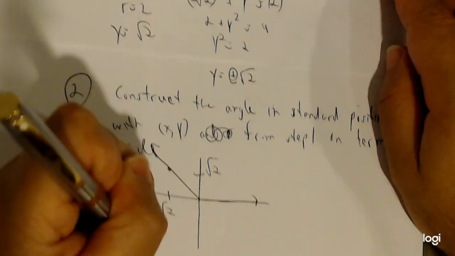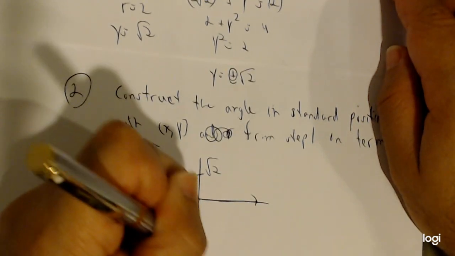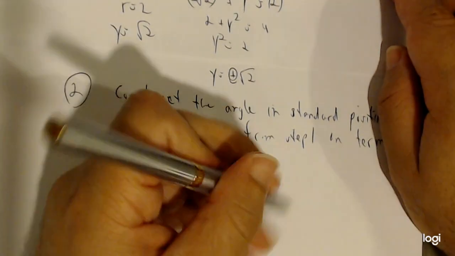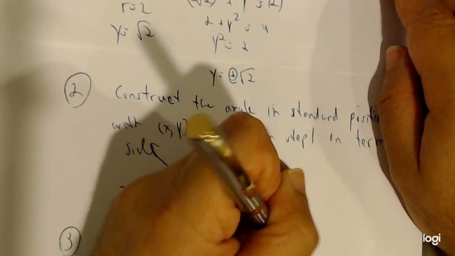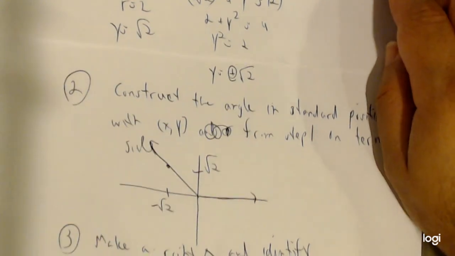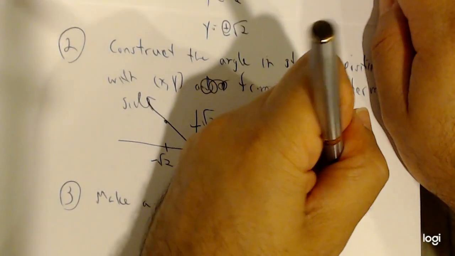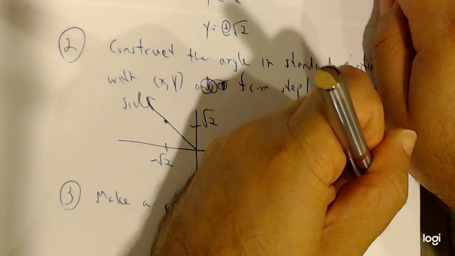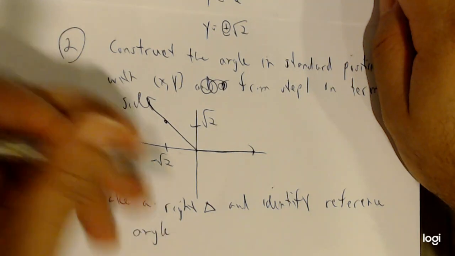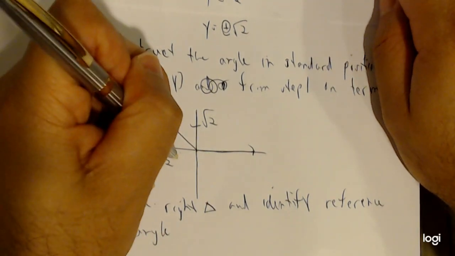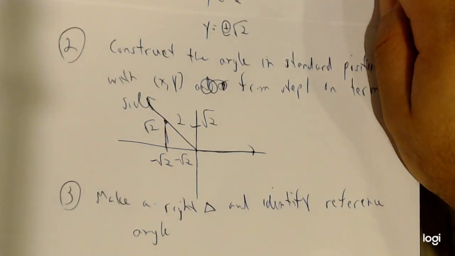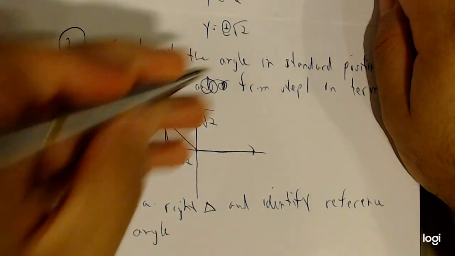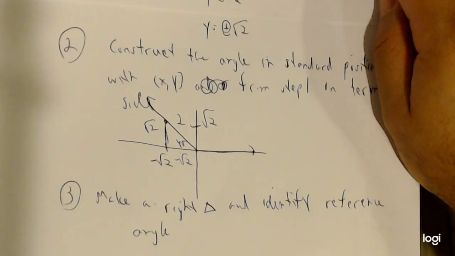Make a right triangle and identify the reference angle, which, if you see, this is negative rad 2, 2, which is a 45, 45, 90 triangle. So this is 45.